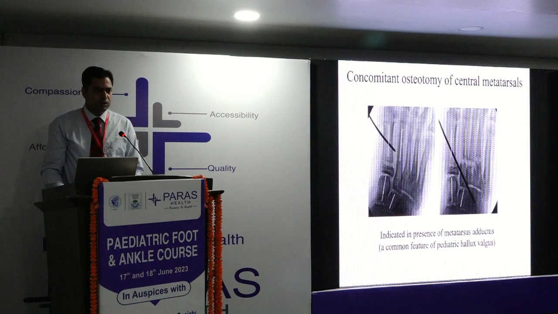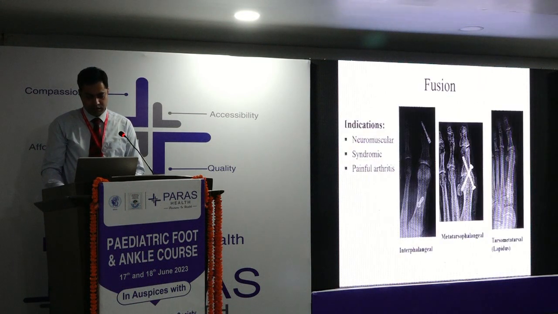In case of concomitant metatarsus adductus, you need to correct the deformities in the central metatarsals as well, because that will not allow the first metatarsal correction if it is left untreated. And then you have fusion procedures which can be done alone or in combination with an osteotomy, and it is ideally indicated for neuromuscular or syndromic cases, or if the joint is painful or arthritic.